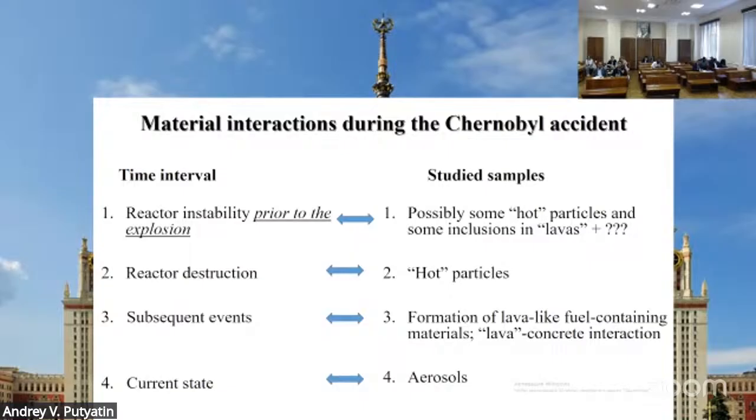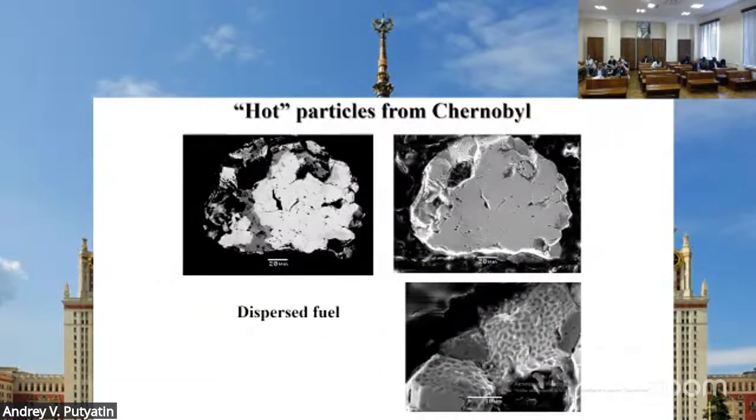You produce so-called hot particles. Subsequently, formation of so-called Chernobyl lava, or lava-like fuel-containing materials, has happened, and the lava started to interact with concrete. We will discuss it quite a lot. And currently there is some generation of radioactive aerosols from the lava.